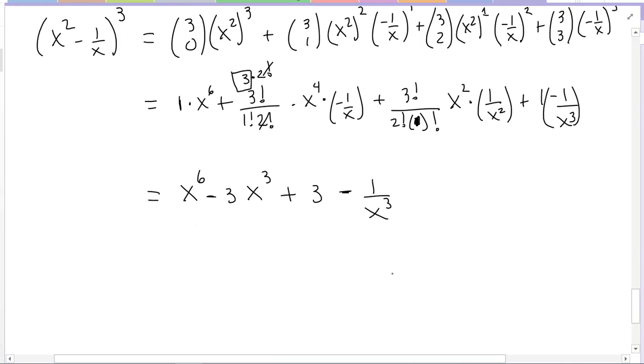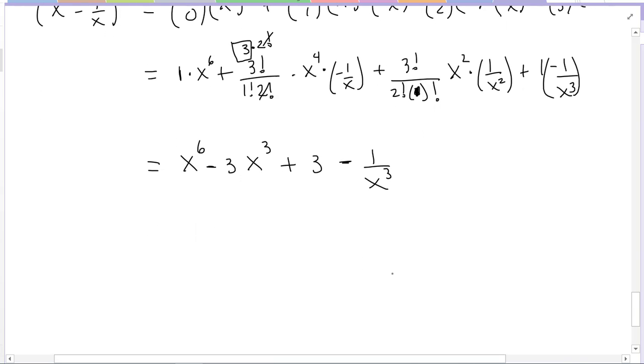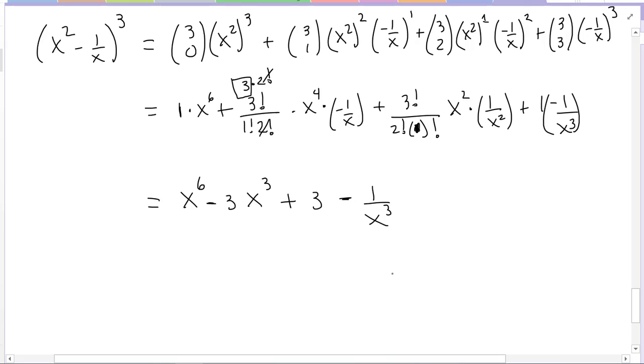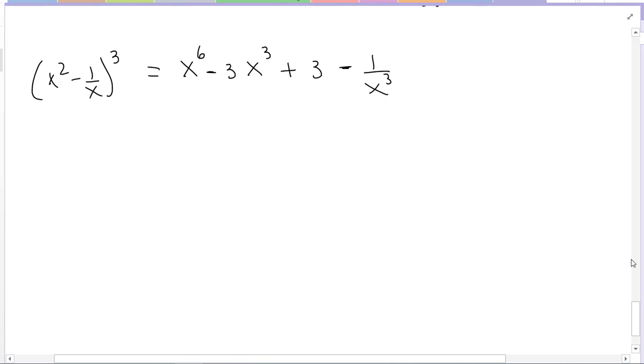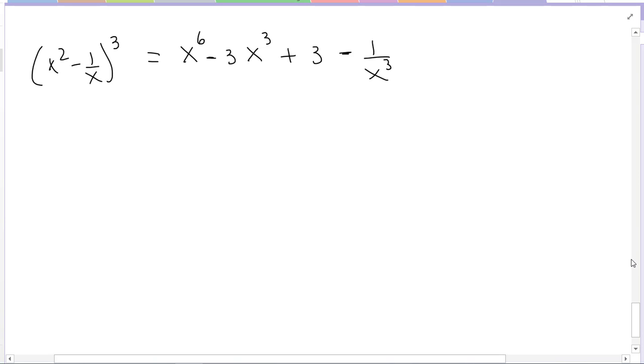So this will be the expansion for this particular problem: x squared minus 1 over x, cubed, is equal to this. Now, if you had this to like the 10th, we would continue that, but hopefully we don't have to do that many.